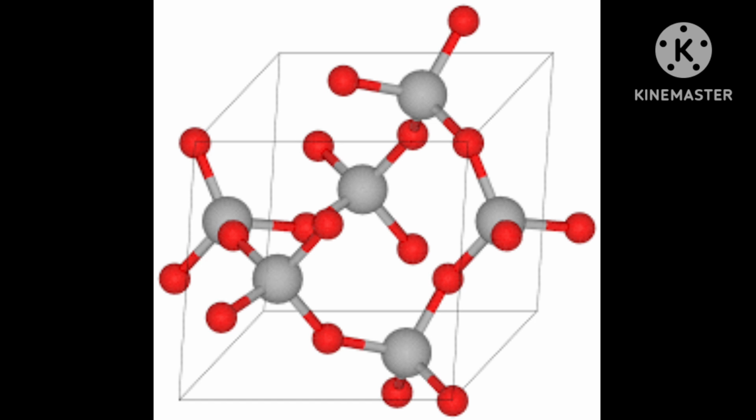In this chapter, many diagrams are required, many complicated structures are there, then you can't understand simply by seeing the diagram. But it is very easy, I am telling you, very easy if you imagine in a space.